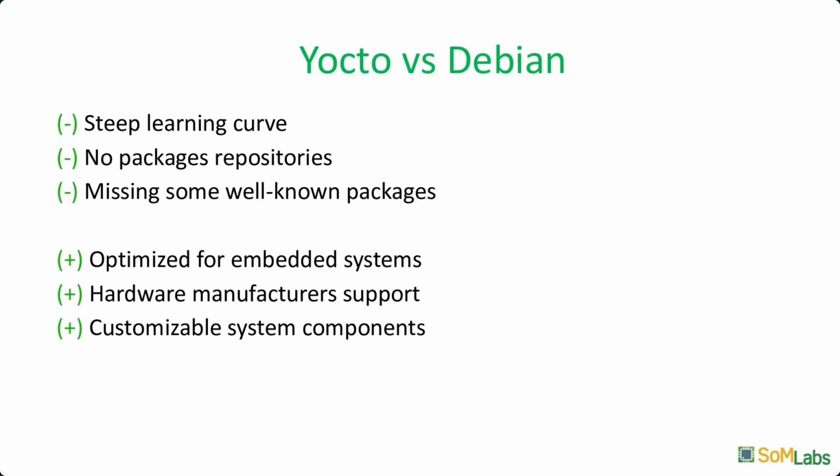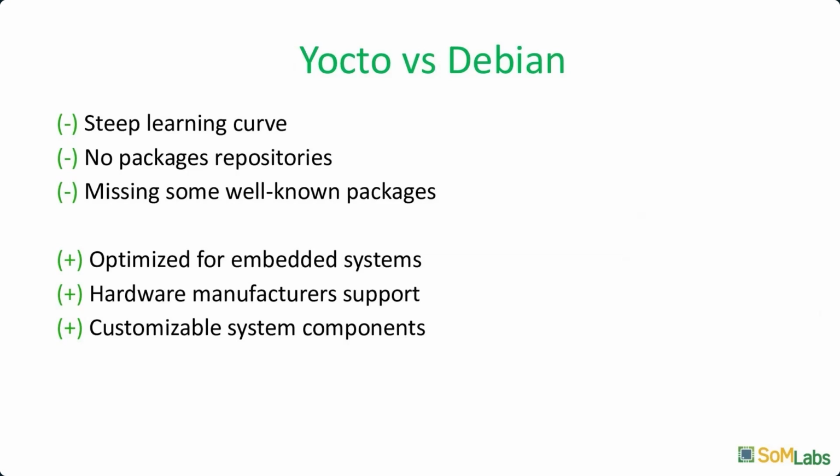Sometimes we need to compare it to other solutions that are well known and commonly used on the embedded market. So I would like to add a few words to give you some picture of how it is related to another possible solution. Debian related systems are well known from Raspberry Pi platforms.